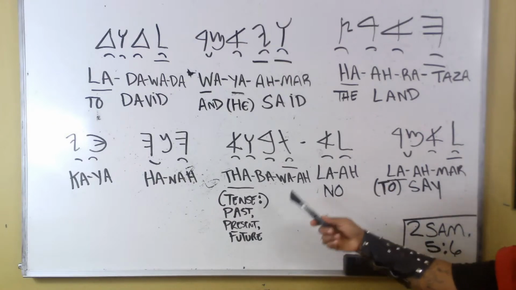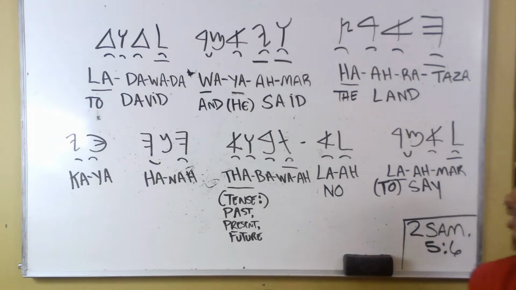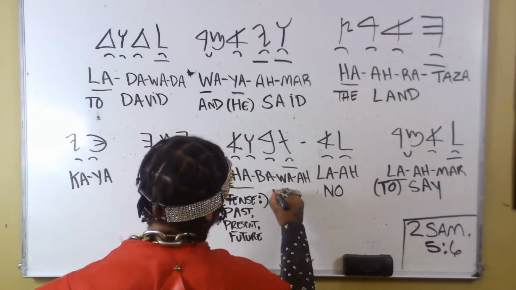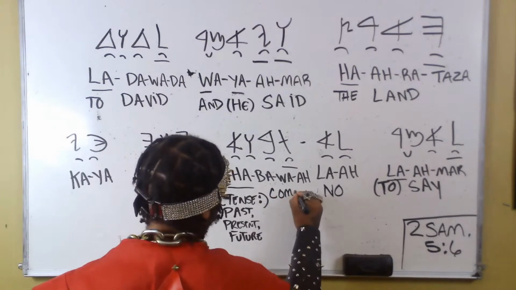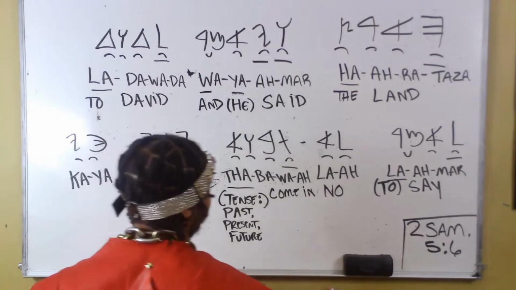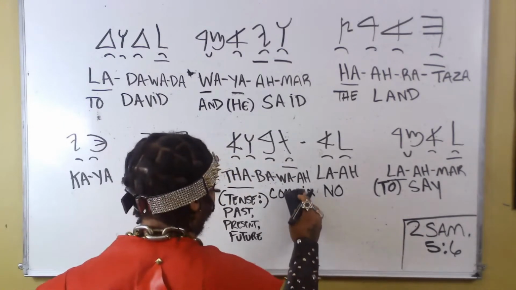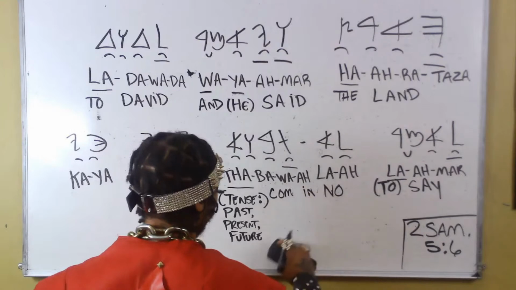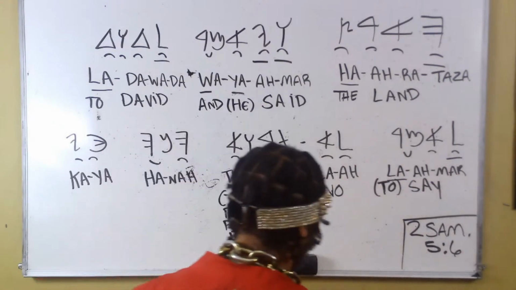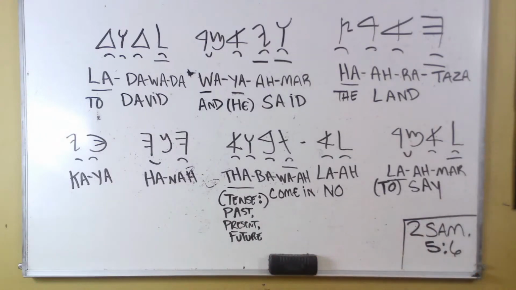I'm gotta say it. It's a word, it's not in that context. We're gonna put come in. No come in. Alright. Fix this a little bit, make it a little easier to understand. To say, no, come in.